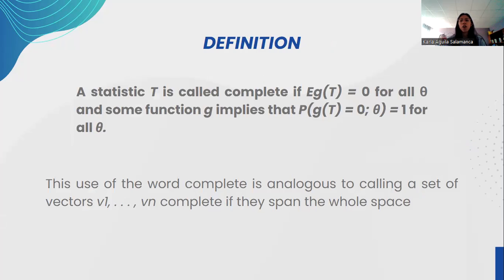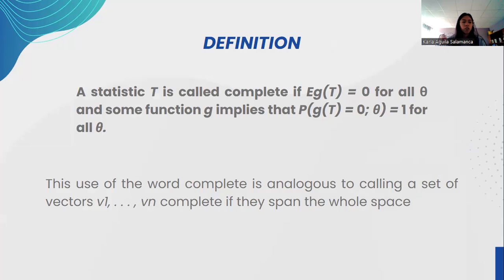The definition of a complete sufficient statistic is that a statistic T is called complete if the expected value of a function g that depends on T equal to 0 for all theta implies that the probability that g of T equals 0, depending on theta, is equal to 1 for all values of theta.